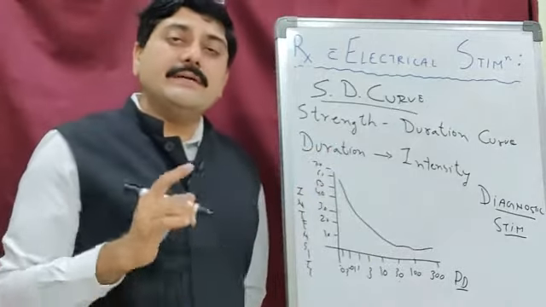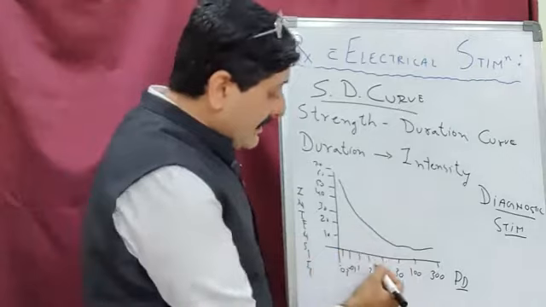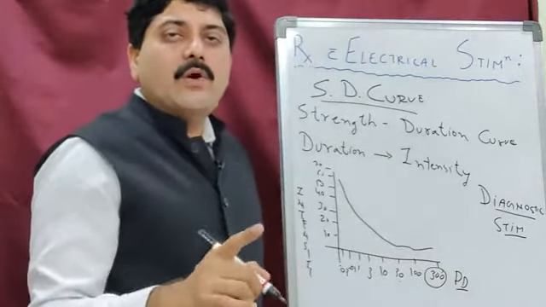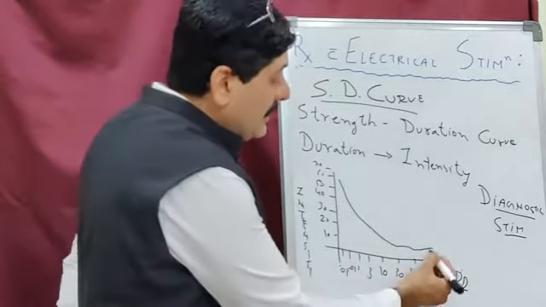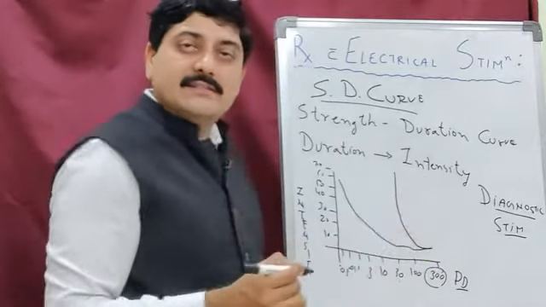Fine. If the muscle is denervated, even at longer durations, it will not respond to the lower intensities. So here it will start over here, and there will be a steep rise in the intensities.